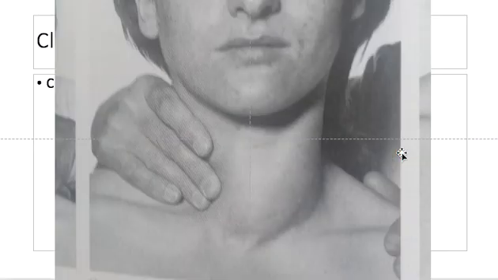And also, if you have a nodule which is not very well palpable, you can actually press on the trachea to the opposite side and feel the lump.